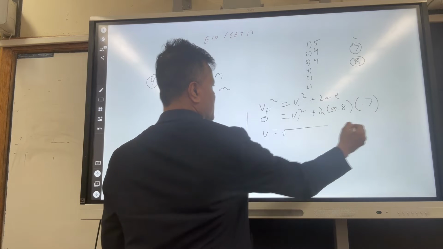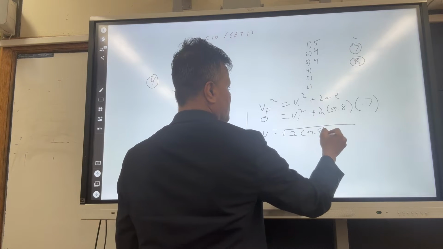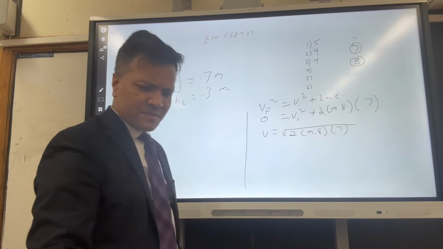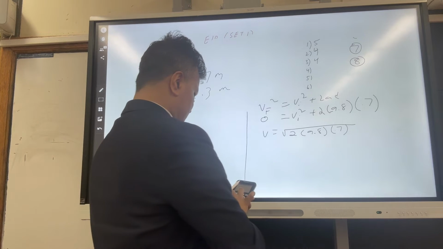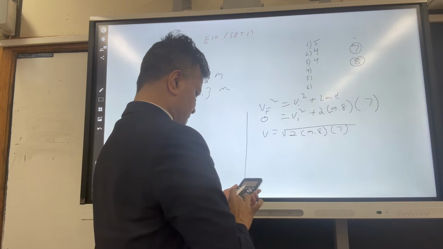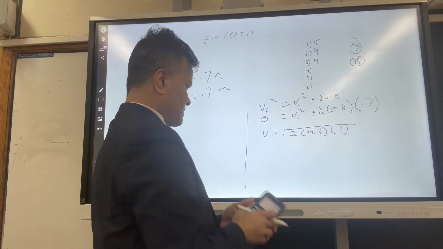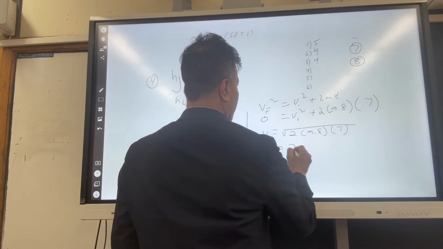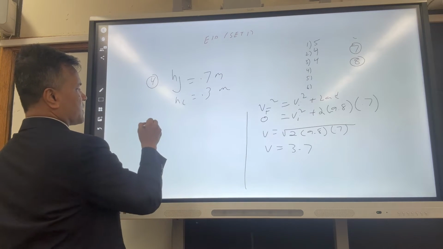So v is equal to the square root of 2 times 9.8 times 0.7. I believe this is 4. Square root of 2 times 9.8 times 0.7 is 3.7.